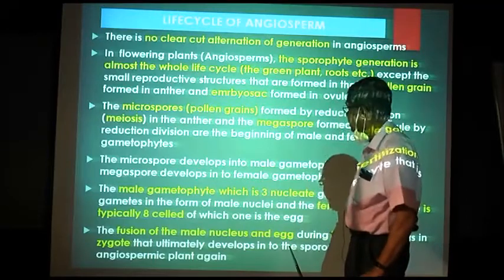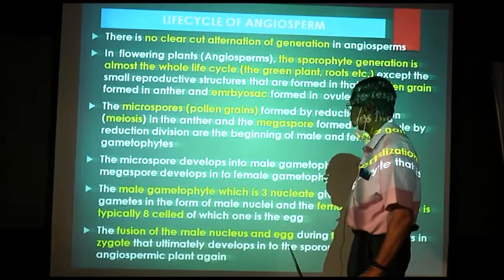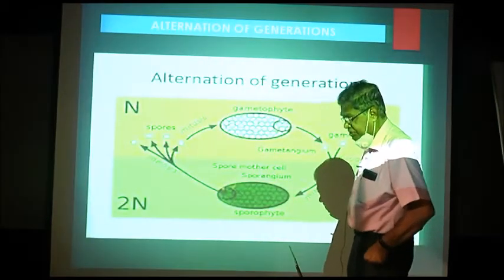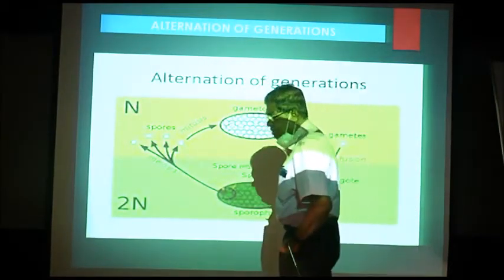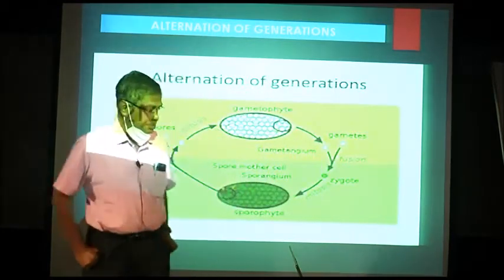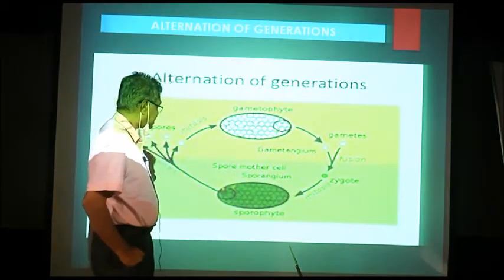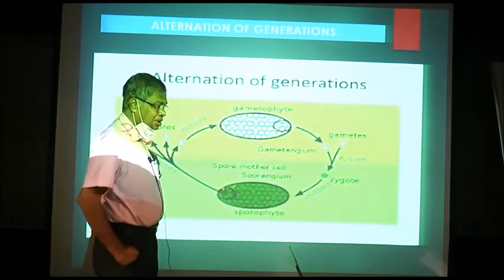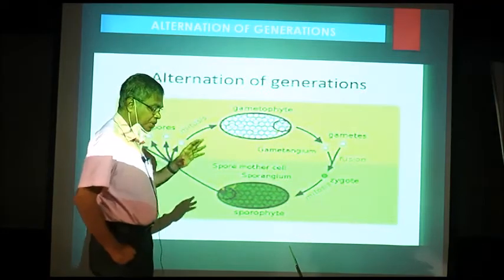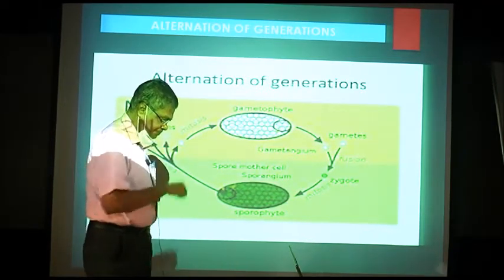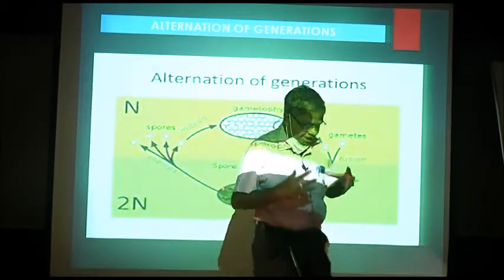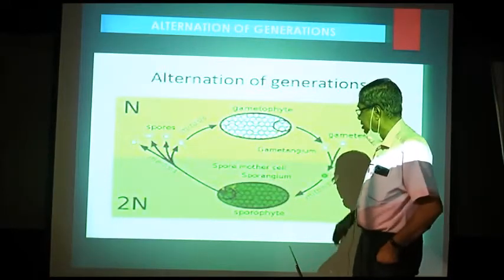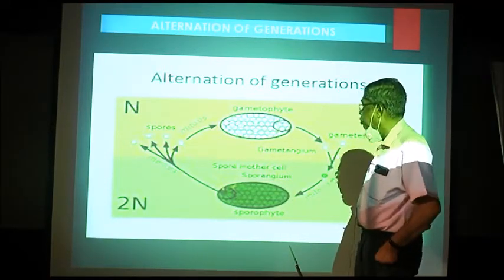The male and female gametes fuse to form the zygote. The male gamete has n number of chromosomes and the female gamete has n number of chromosomes, but the plant itself has 2n number of chromosomes, that is diploid. When the male and female gametes fuse, they form the zygote, and the zygote develops into a new plant.